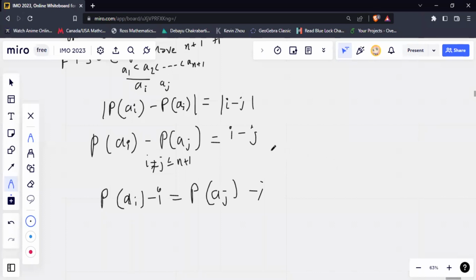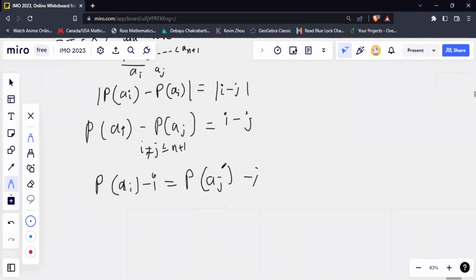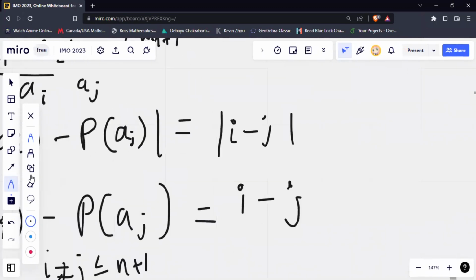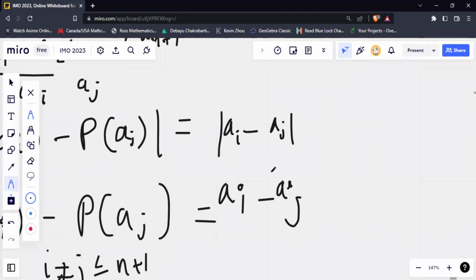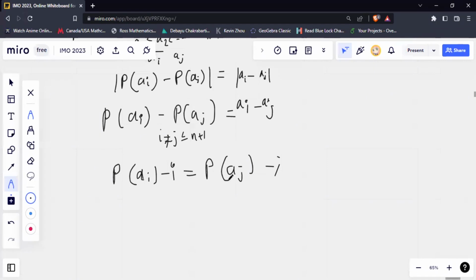Wasn't it P of AI minus AI? Oh, wait, oops, sorry. But I think what I meant was clear. I guess from here we can show a contradiction, that there will be n plus 1 roots. Yeah, more than n roots.